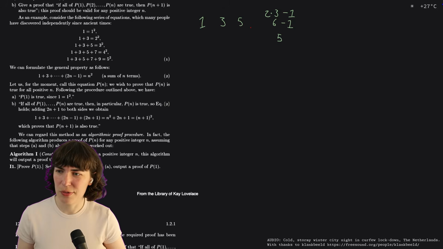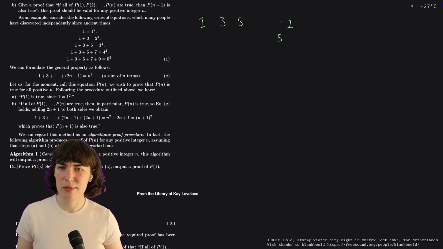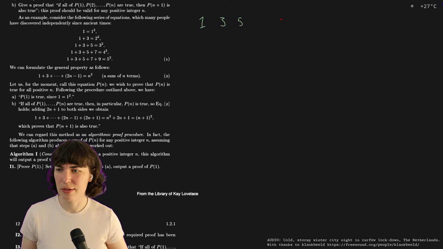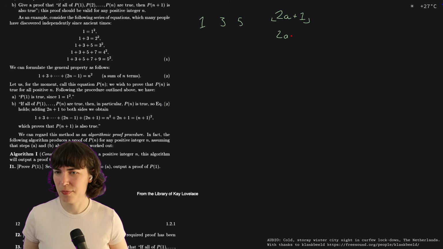up to 5. Now, this is another way of saying a familiar formula of an odd number, which is 2a plus 1. We've spent lots of time in the book of proof looking at this, so I guess this is the preceding odd number. Sorry, 2a minus 1.